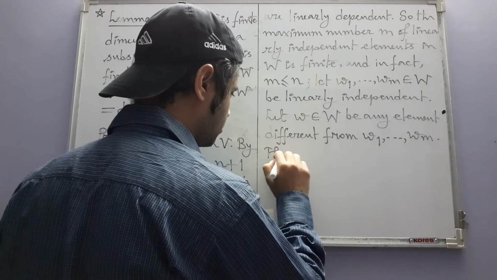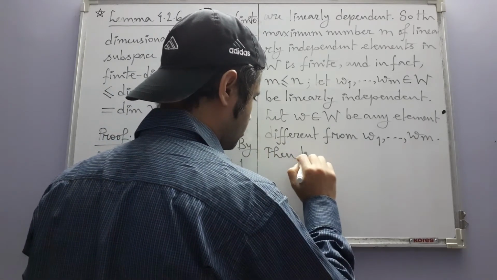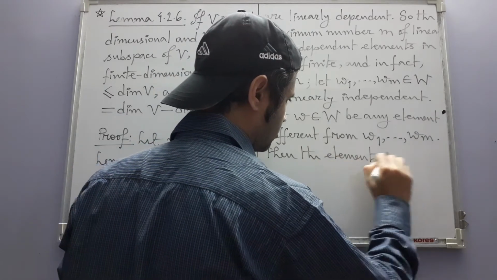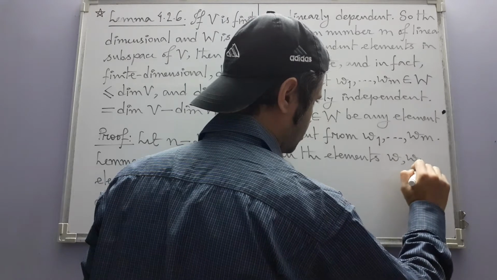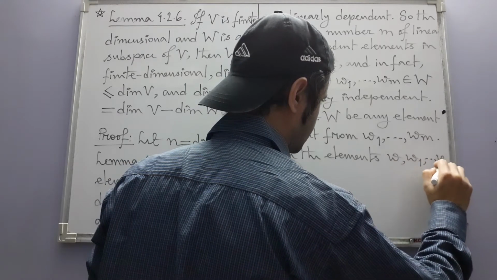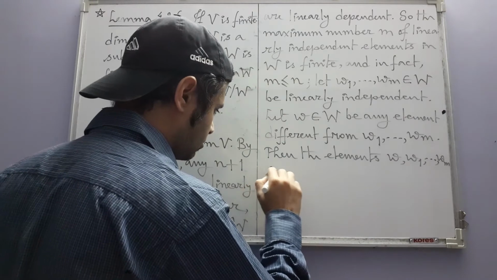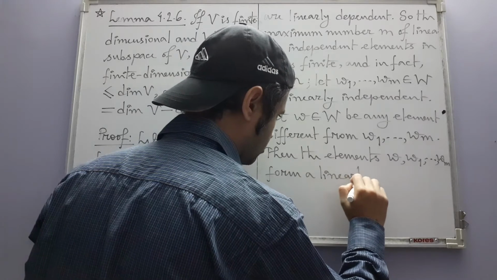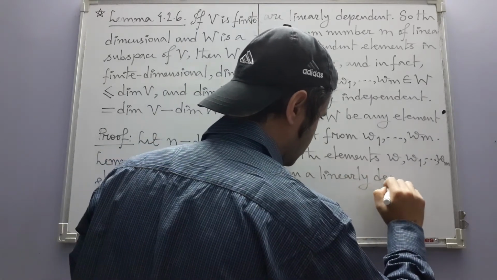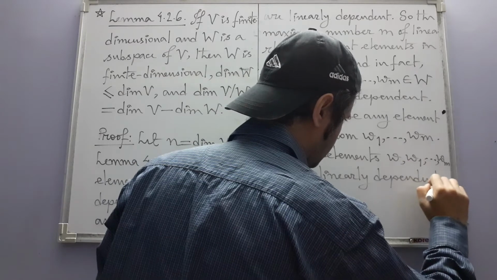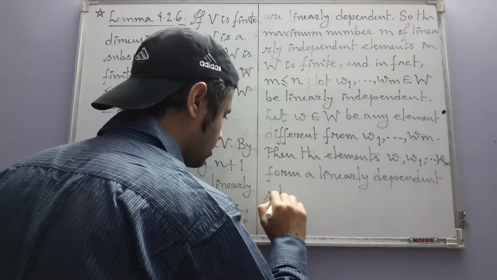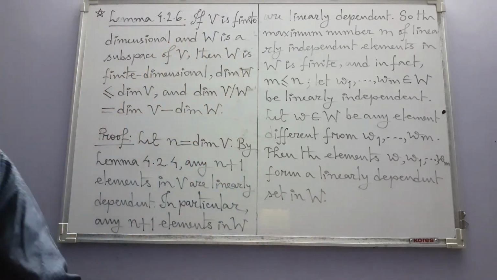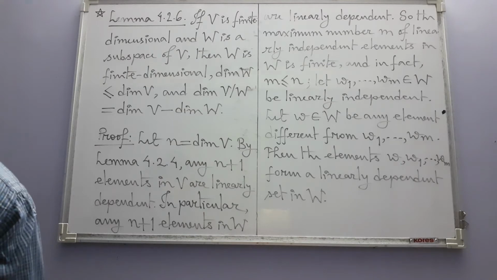Then the elements w, w1, w2, etc., wm form a linearly dependent set in W.